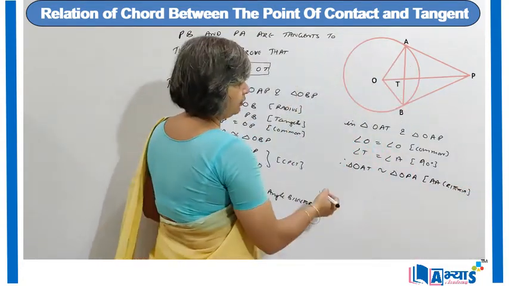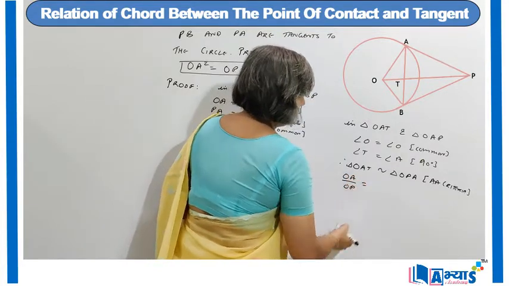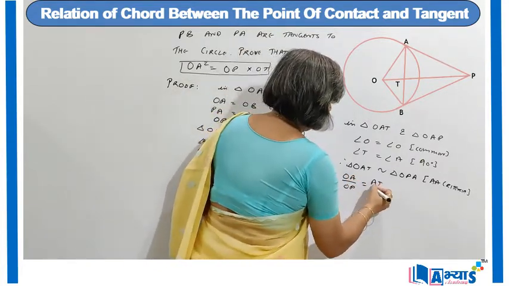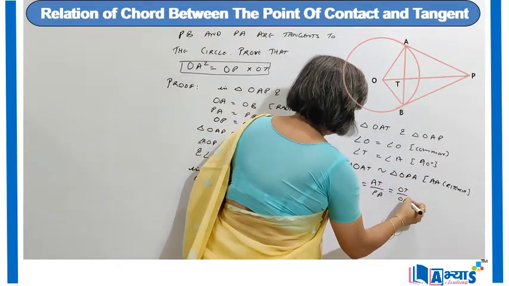From the similarity of the two triangles, we can say that OA upon OP is equal to AT upon PA is equal to OT upon OA.